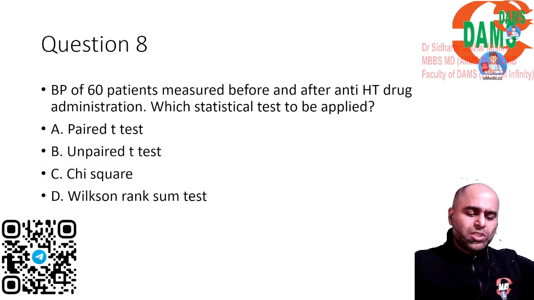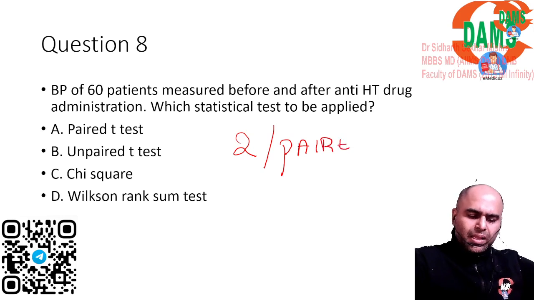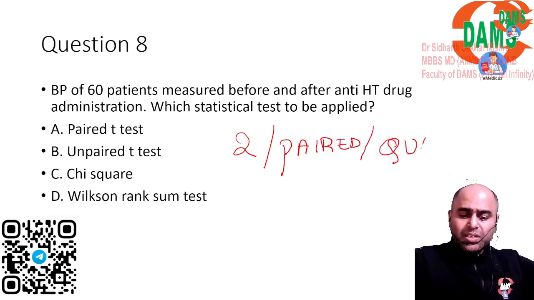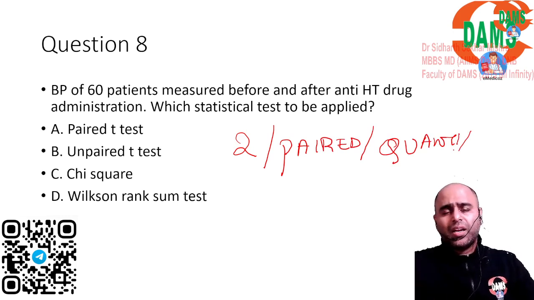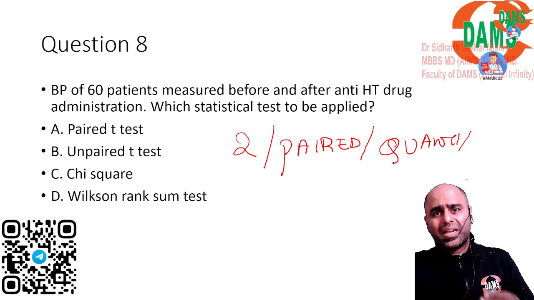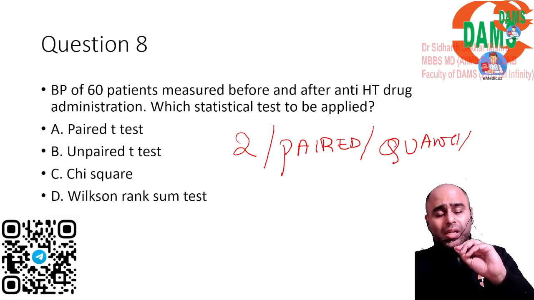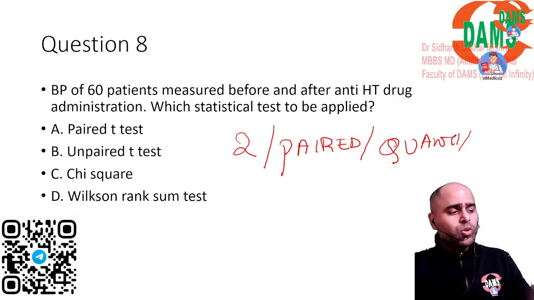BP of 60 patients measured before and after. Two groups, paired. Now, BP generally is quantitative. We are not saying hypertensive; we are giving a drug. When we are giving a drug, we are basically looking into the units of drop.